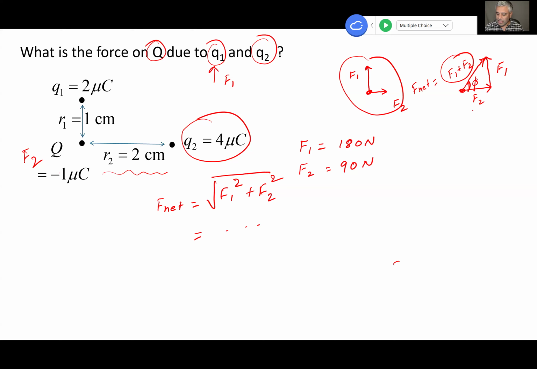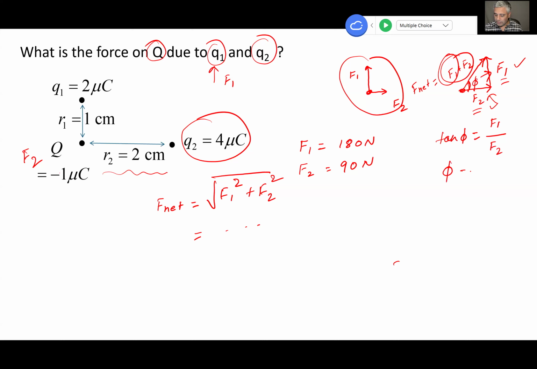So this being a right triangle, and this and that we already know, we just calculated the hypotenuse. We can use any trig function we like, but it's a good idea to use the original ones. So tangent of phi is opposite, see, this is opposite, means F1 divided by adjacent F2.